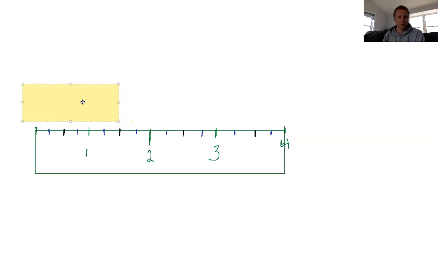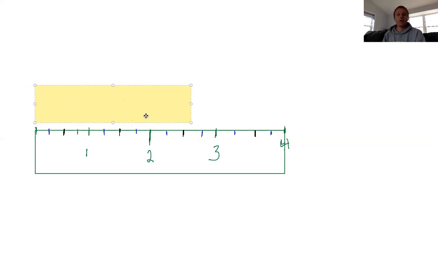So say this was being measured to a half, it might just go like that, and it makes it really clear to you that it's a half. But today you need to learn a little bit more about rounding. So you're going to get things that are not right on a measurement, not right on a line, and you're going to have to sort out what it's closest to by rounding. So that's sort of skill number 1, and that's the first thing you need to pay attention to.